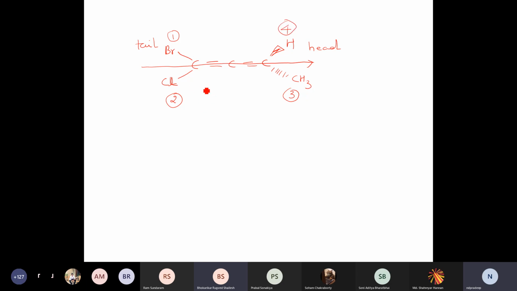Now how does the cycle go? 1, 2, 3, 4, anti-clockwise. Now where is the lowest priority group? It is in wedge, but the lowest priority group should be in dash. Which means you have to change the stereochemistry. That's all.